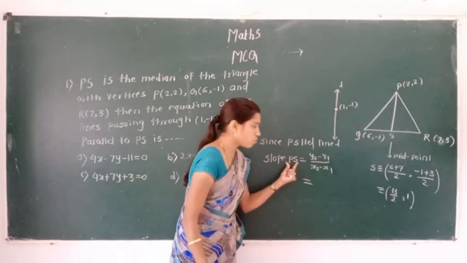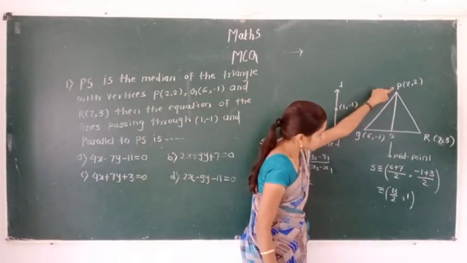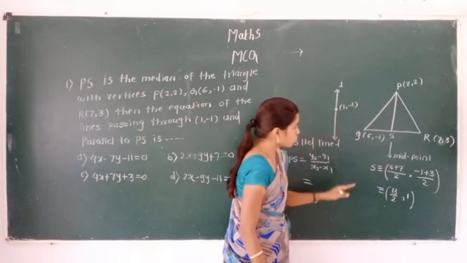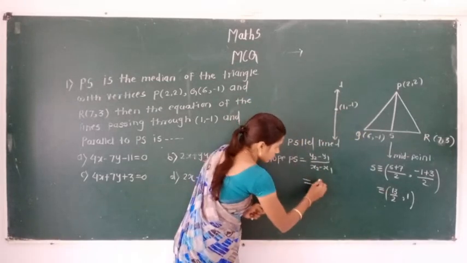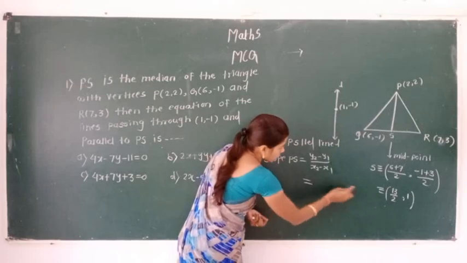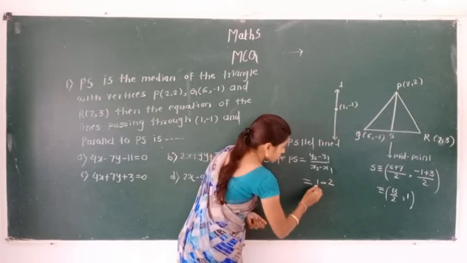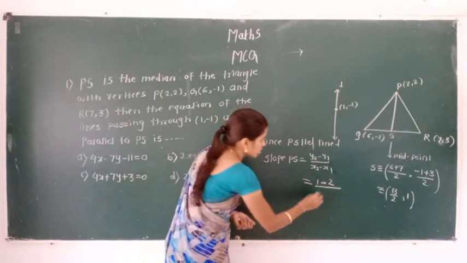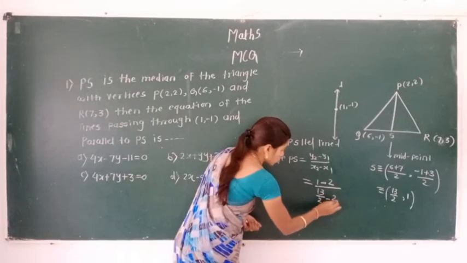For P and S, the slope is (1 minus 2) divided by (13 by 2 minus 2).